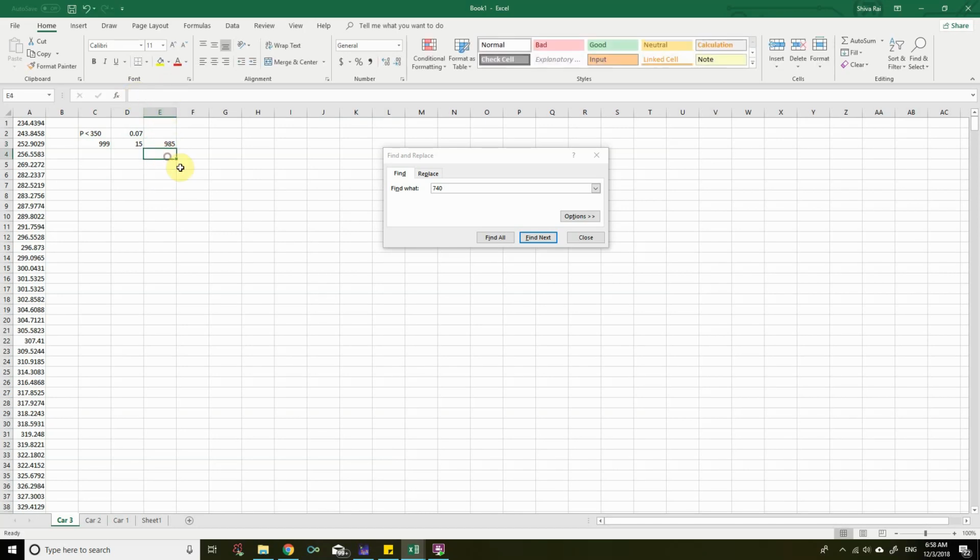So 985 divided by 1000 equals 0.985, so that's 98.5%. So car 1 is 96.6%, car 2 is 52%, and car 3 is 98.5%.